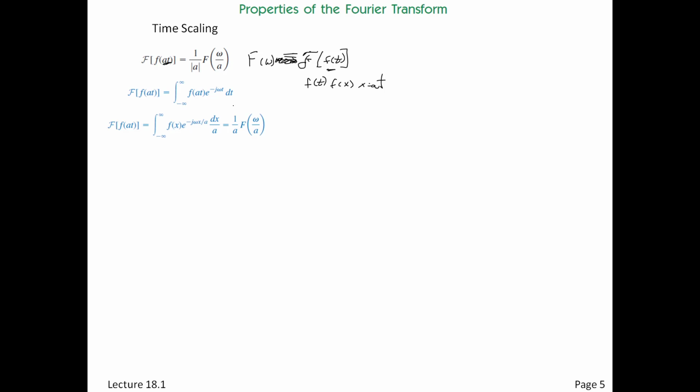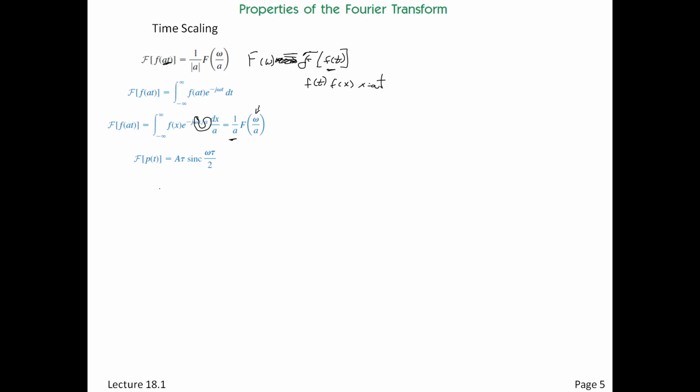If we want to work it backwards, we just have to do all our accommodating of constants and coefficients here. But look, that ends up pulling out the constant 1 over a, and now we're dealing with our omega over a, which is what goes in here.